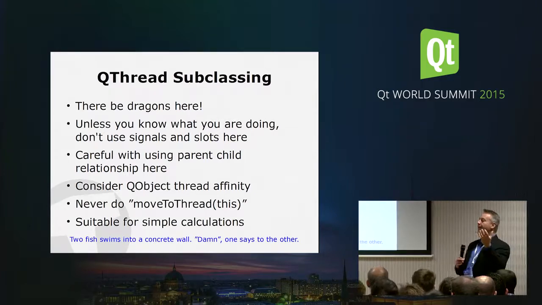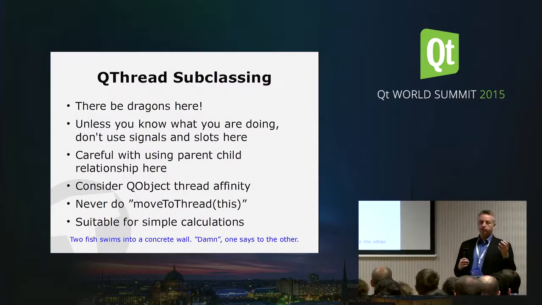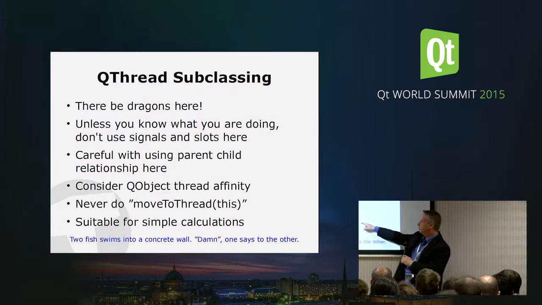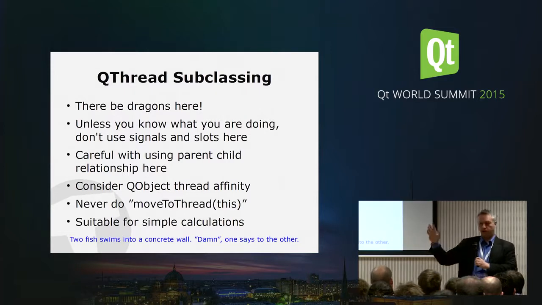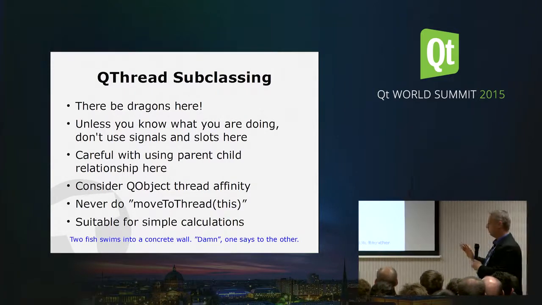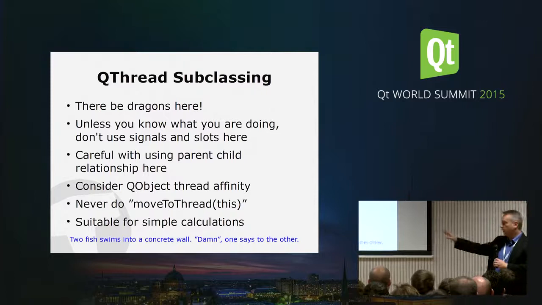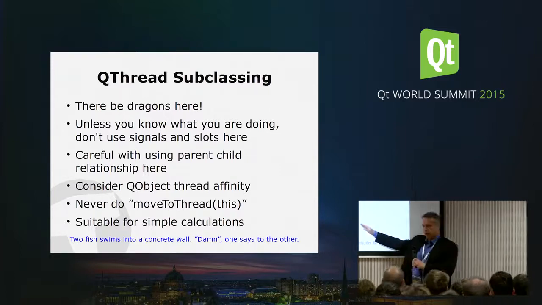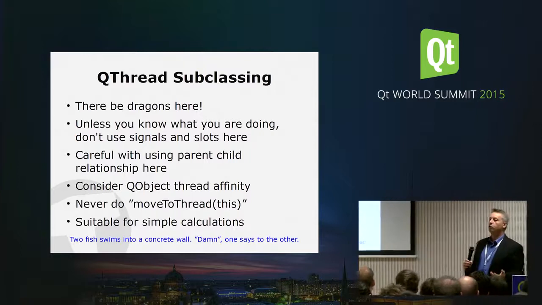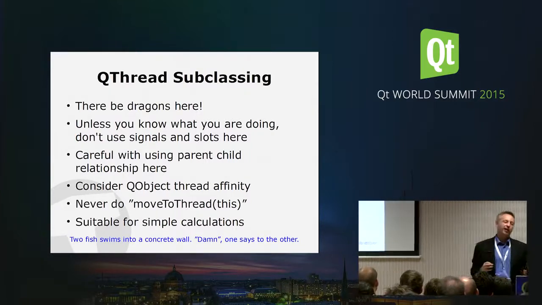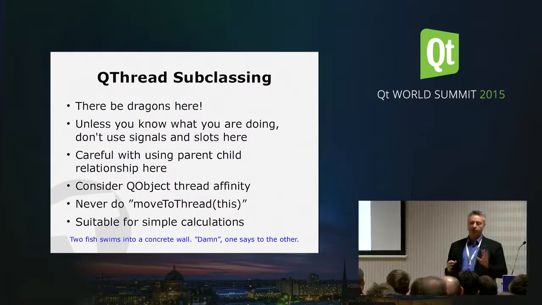And you should never, ever move it to the thread. Don't call moveToThread(this). Again, I will come and haunt you in your dreams if you do that. I have had customers, this is real customer code. And I cannot punish my customers. Well, I can, but that's done by invoicing.